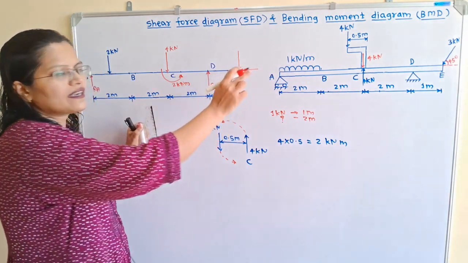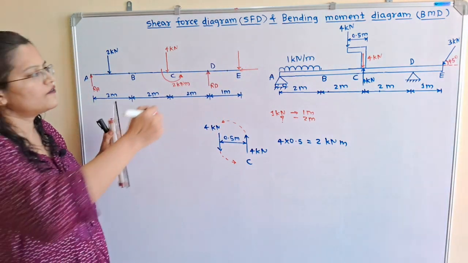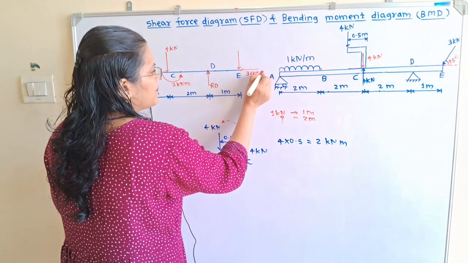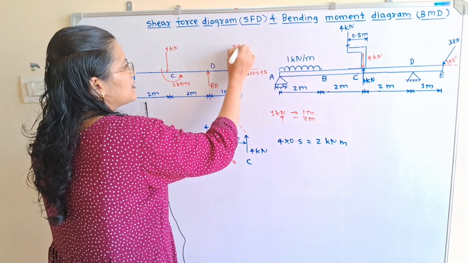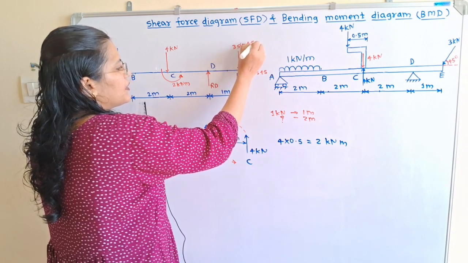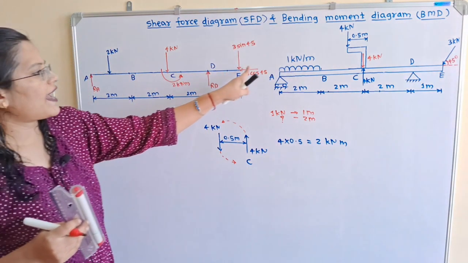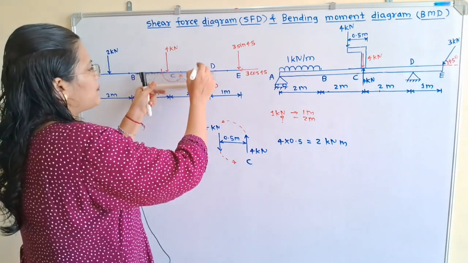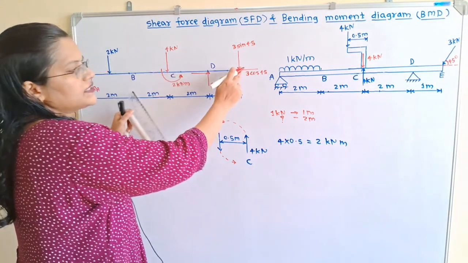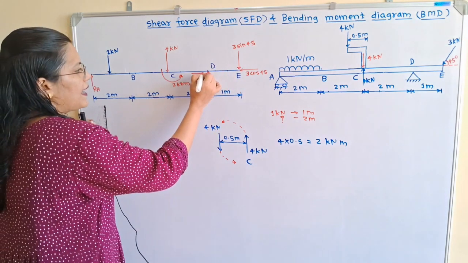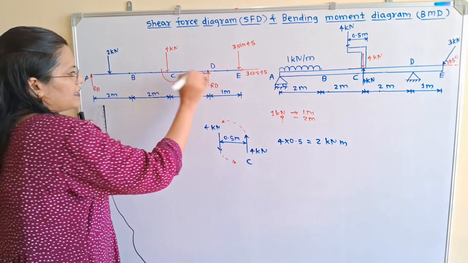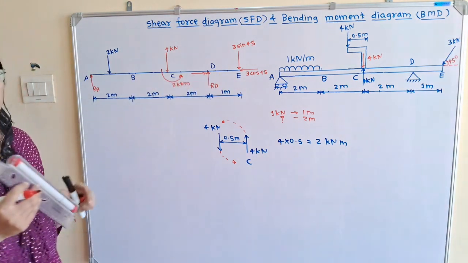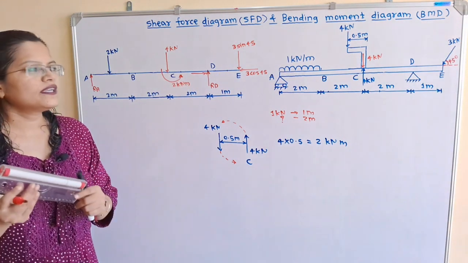The horizontal component is adjacent to the angle 45 degrees, so its value is 3 cos 45, and here is 3 sin 45. Now if we observe, the direction of the horizontal component is towards the left hand side. So at point D, to balance this horizontal force, we will apply the force in the opposite direction. So here is the direction of the horizontal component at point D.